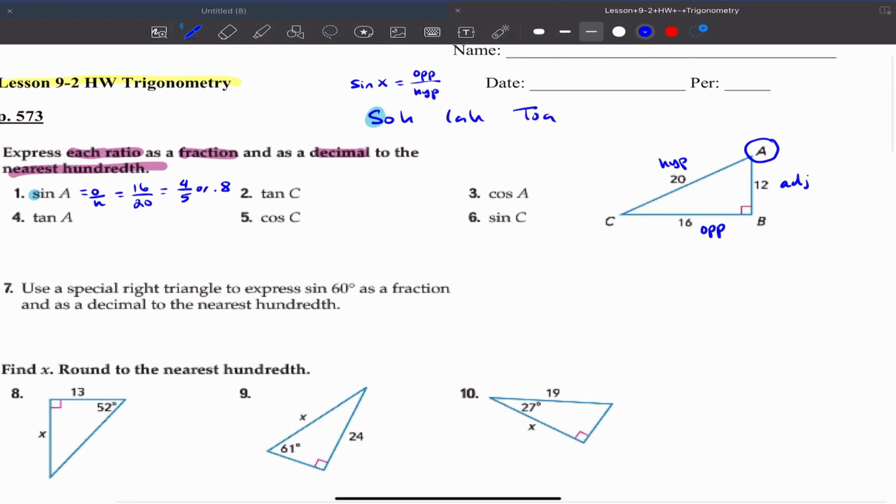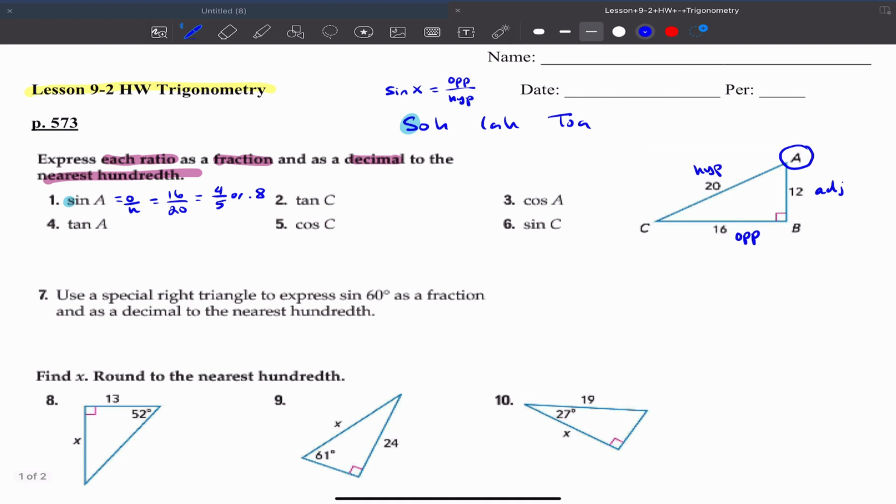So now what I'm going to do is I'm going to go check the key real fast. Let's figure out if there's one where you have to round. Let's take a look at number 4. So I can easily erase this with my app.